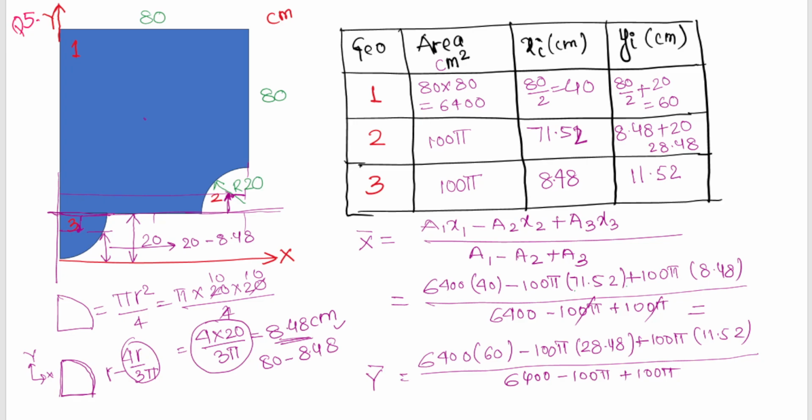So let's solve the equation. These terms get cancelled out, and let's fill in the values. Let's try to calculate the values of x bar and y bar.